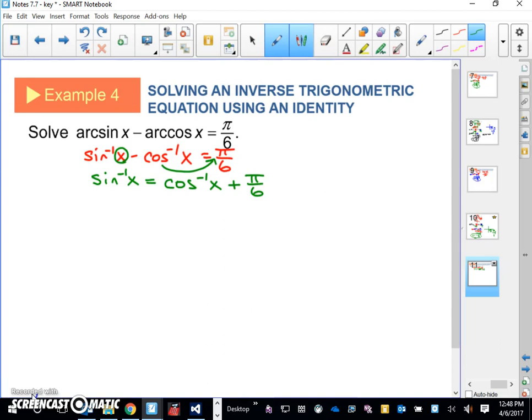Keep going with the isolation. If I'm still trying to isolate that variable, peeling the onion, I'd have to get rid of this inverse sine. And so we're going to end up taking sine of both sides. Gives me x equals sine of inverse cosine of x plus pi over 6.